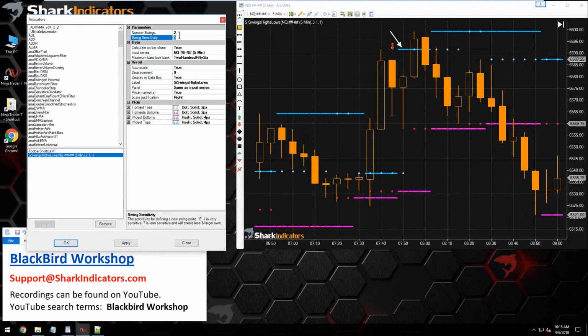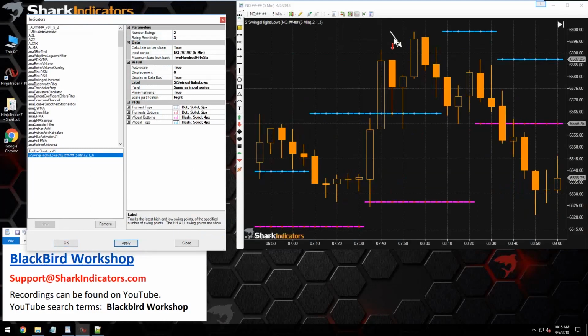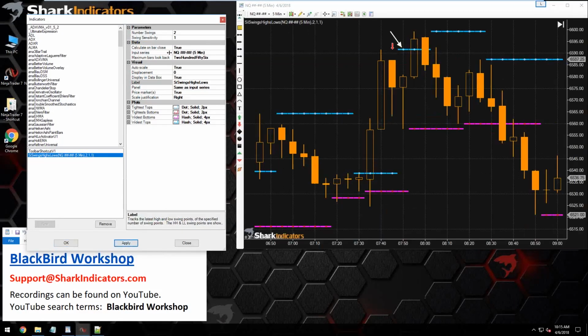The higher the number, the default setting is 3, the longer it requires the swings to take. Here in our area of question, we can see there's no swing high detected at all now with a swing sensitivity of 3. So setting it down to 1 is as helpful as the indicator settings are going to get.